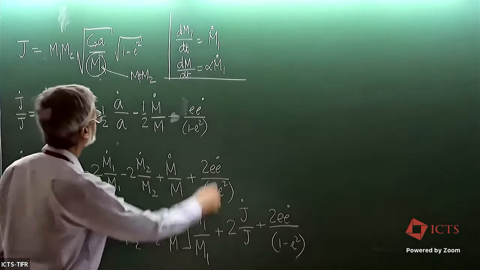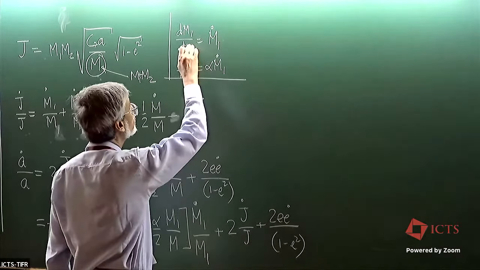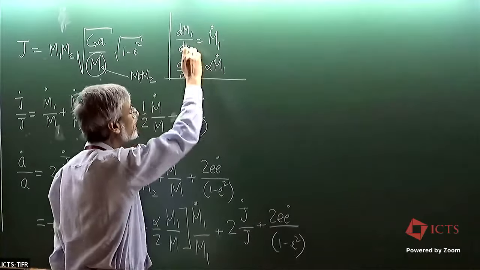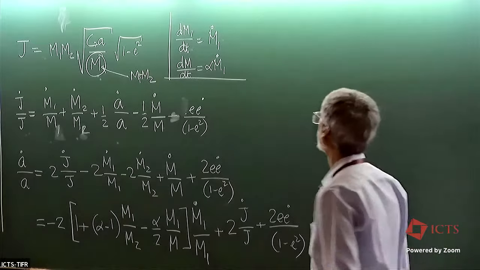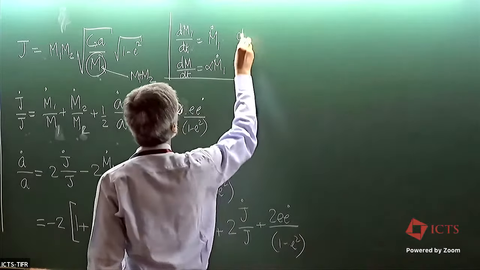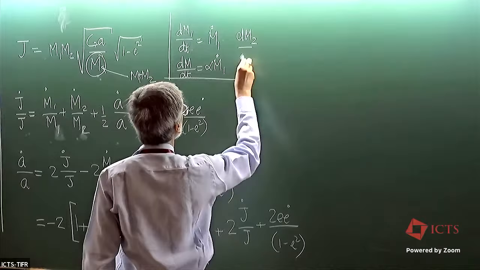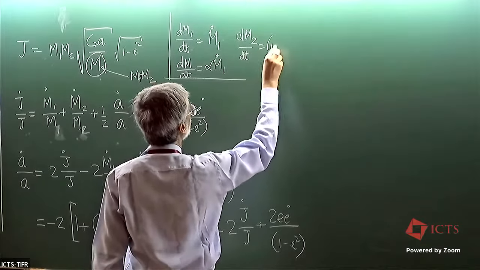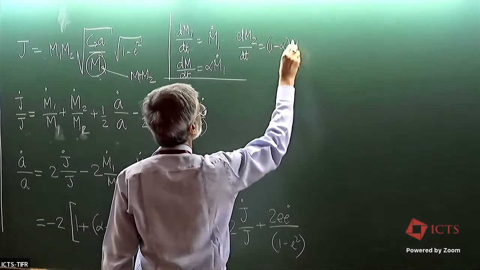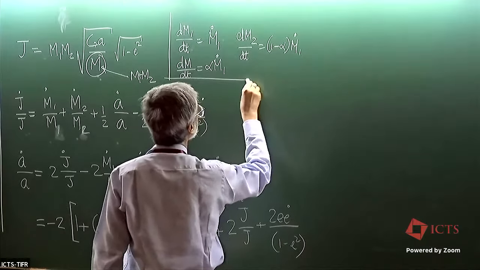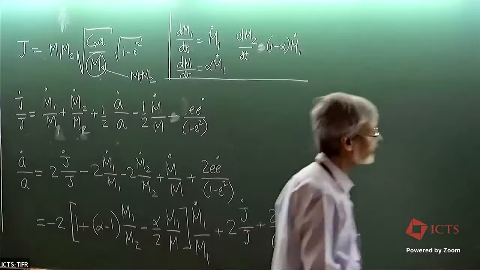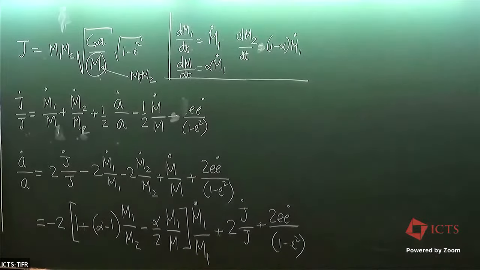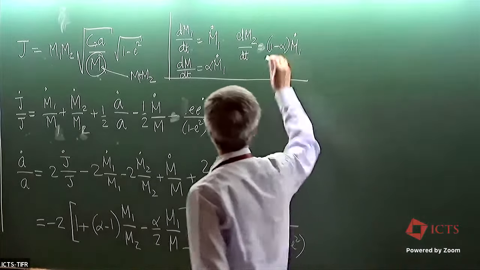A fraction alpha of the mass being lost by M1 is being lost from the system altogether, and dM2 dt is minus 1 minus alpha times M1 dot.